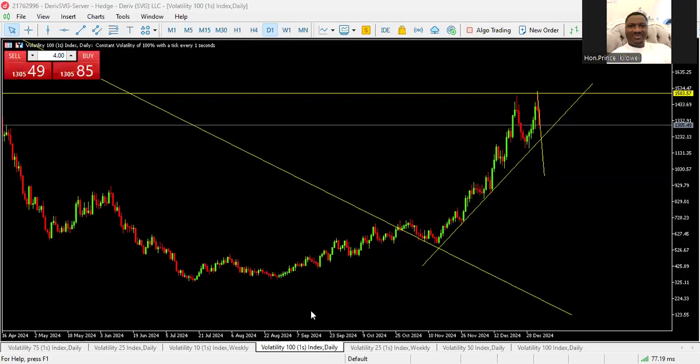Try it out on demo and see how it works, including the right stop loss and the right lot size to use. Use your demo account to place it and see, if I use 0.01, how much money will I lose? Look out for those things first before you use that same stop loss on your real account.